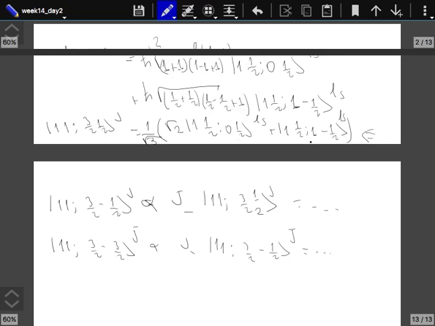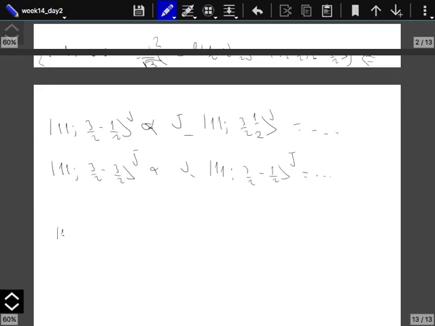Now, let's look at this ket, 1, 1, 1/2, 1/2. One condition I have is that MS plus ML should be equal to 1/2.